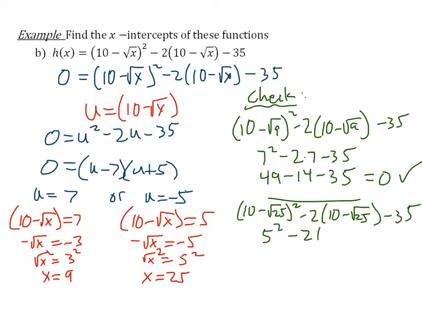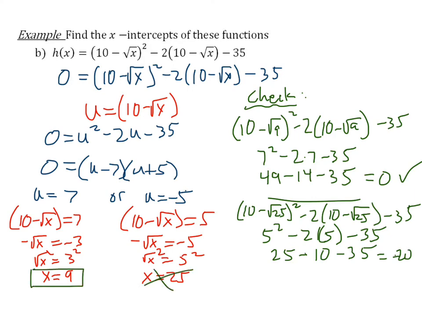So this is 25 minus 10 minus 35. And so we can see that this does not work out. This is 15 minus 35, so this is negative 20. So that does not work. So we have to throw out the 25, and we have one solution, x equals 9.